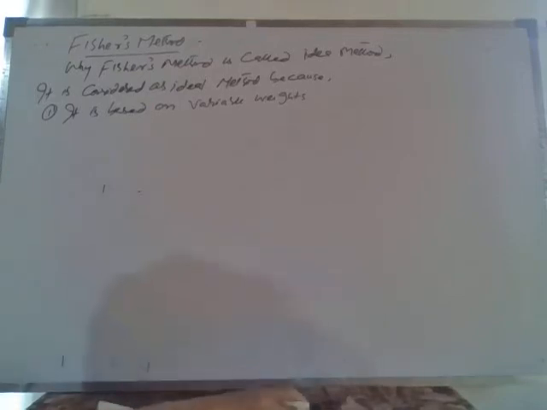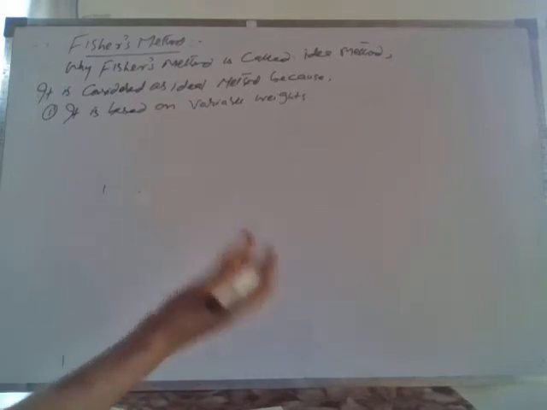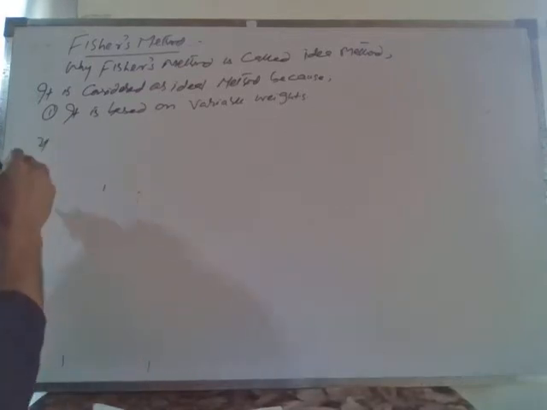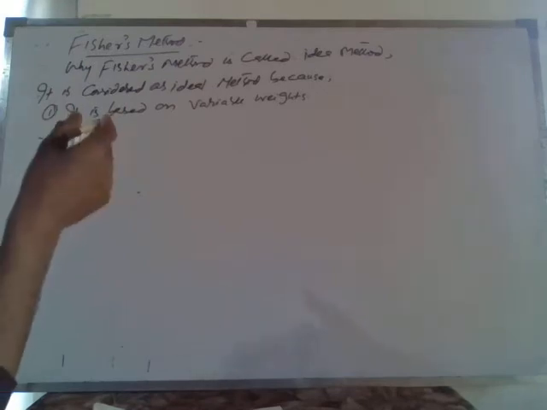It gives equal weight to the base year and the current year. If we take the Laspeyres method, it takes only base year quantities. If we take Paasche's method, it takes only current year weight into consideration. But this method takes both the base year and the current year.